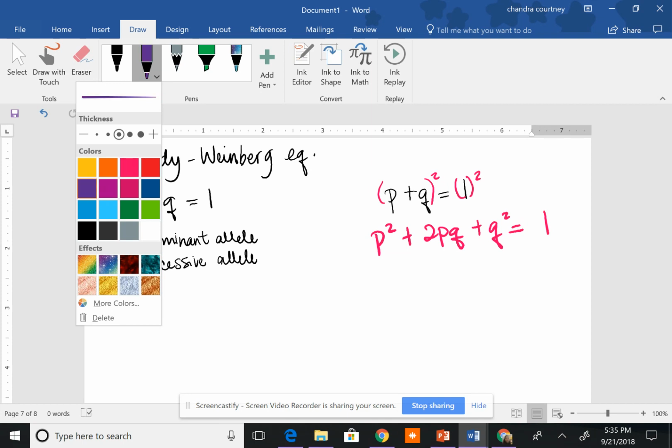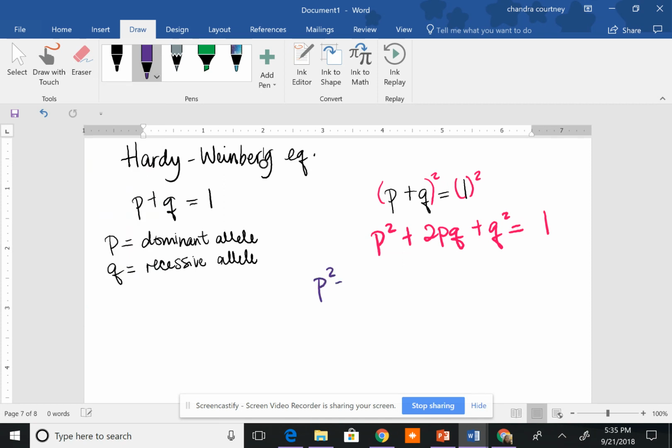So let's start with P squared. P squared is the same as saying P times P. Another way to think about it is it's like asking yourself, what is the probability of getting two dominant alleles randomly?